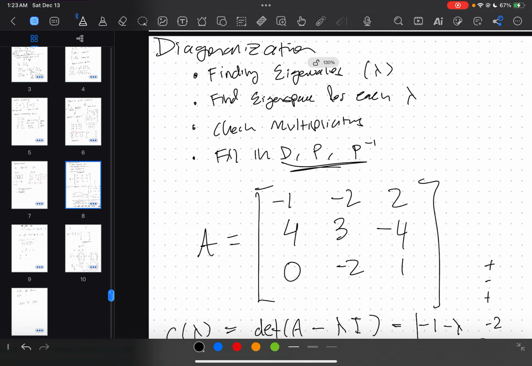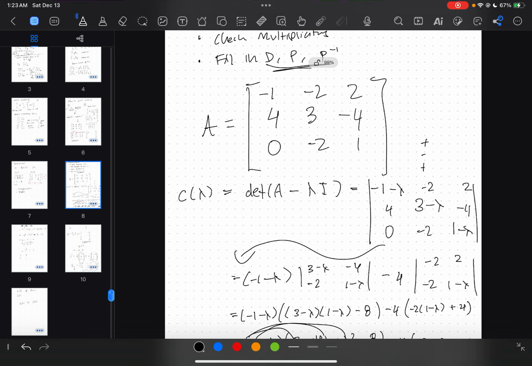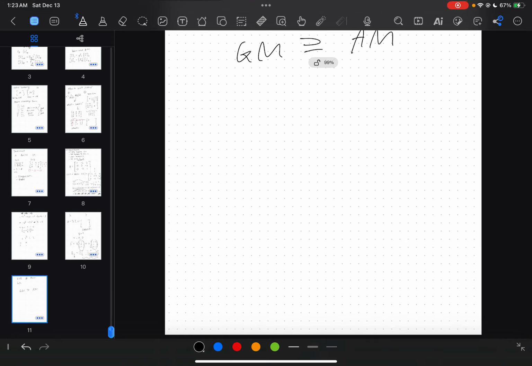If all of them pass the check, then we find P D P minus 1. I'm not sure if it's A on the left side or whatever, but this is the formula.